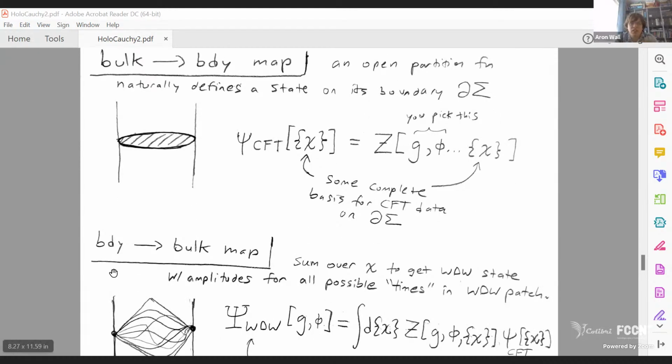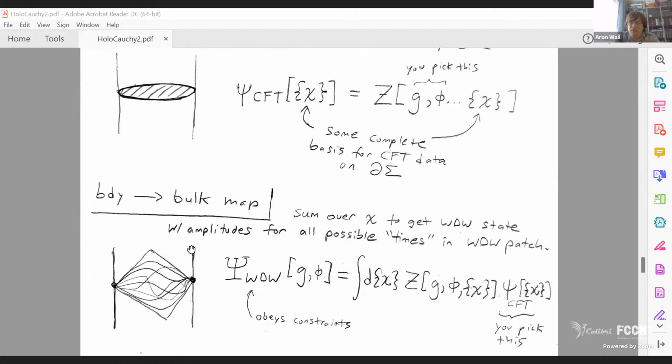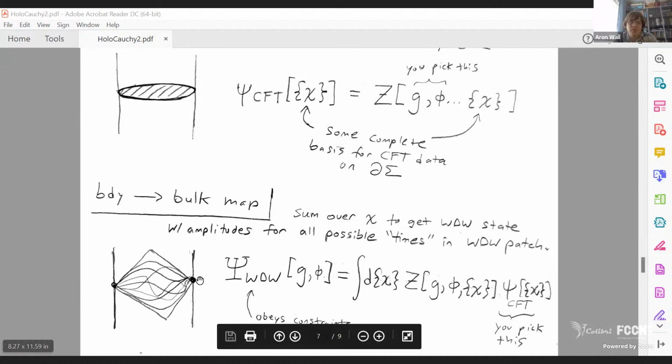The other direction, we also want a boundary to bulk map. So there we have to do something a little bit different. There we need to sum over the chi variables now to get a Wheeler-DeWitt state with amplitudes for all possible times in the Wheeler-DeWitt patch. So what's going on is the CFT boundary state can't actually be dual to just one Cauchy slice because the gauge symmetries on the boundary aren't the same as the gauge symmetries on the bulk.